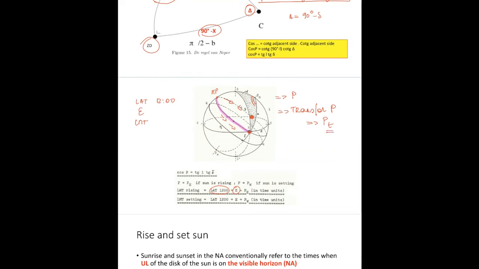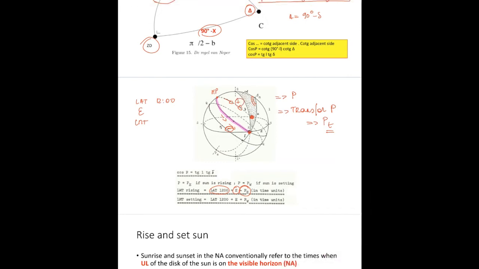We know that the sun rises before meridian passage, so if we want to calculate the time of sunrise, we have to subtract our polar angle in time. So on this side, we subtract, okay? We know that the setting is after meridian passage, so here we have to add, okay? Clear?